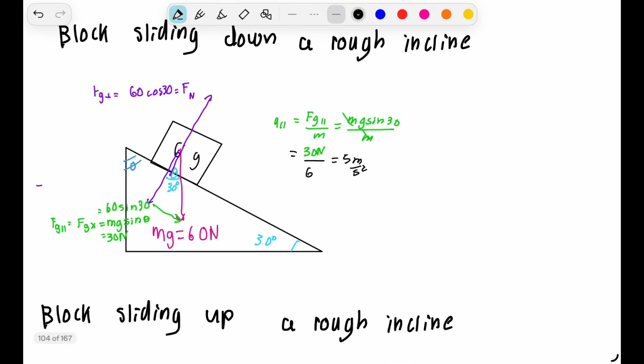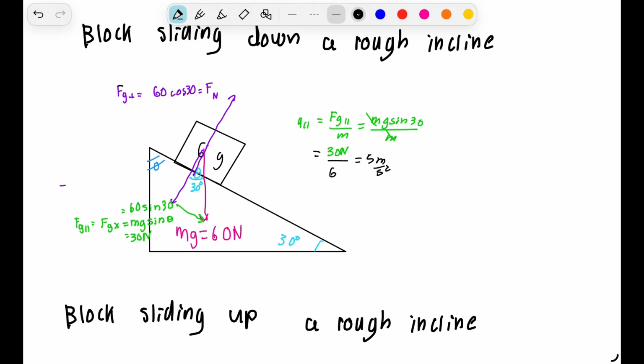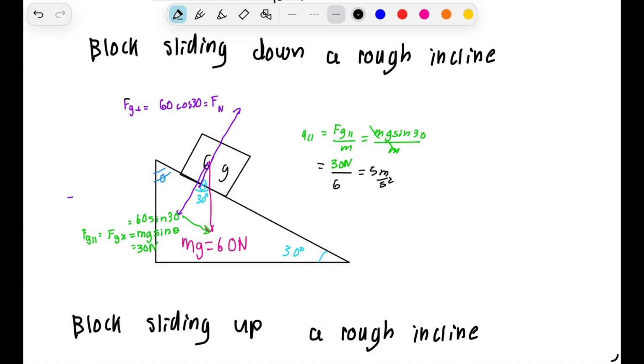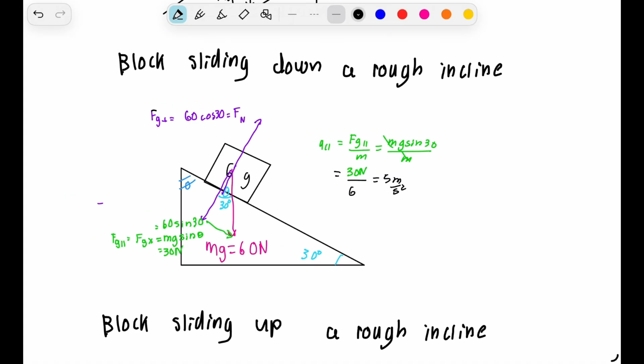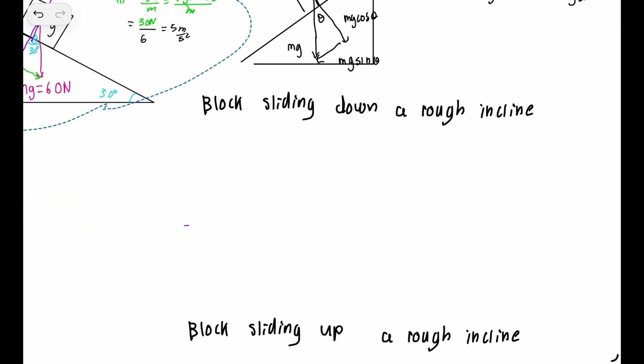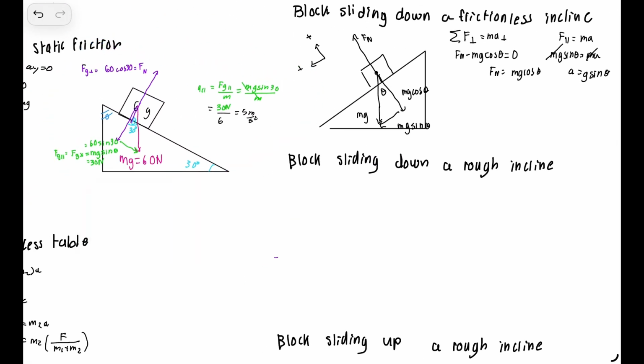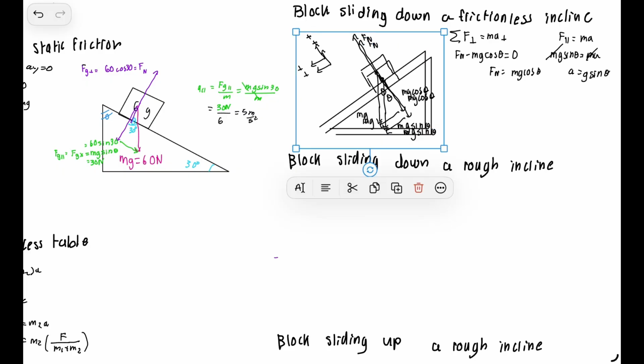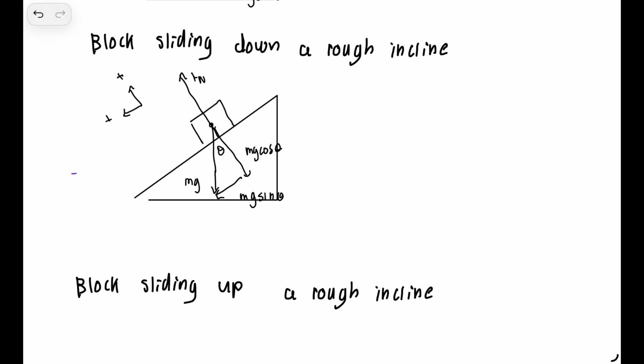So what about a block sliding down a rough incline? So in this case, if we had friction, mu k, so this is actually a case without friction. So let's put this over here, but let's make another case that has friction. It's going to be just like this.